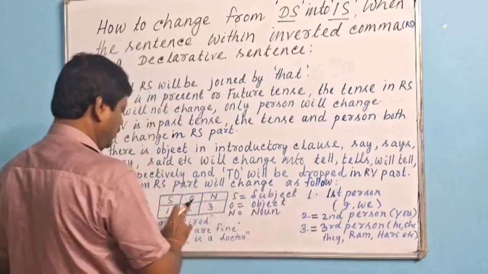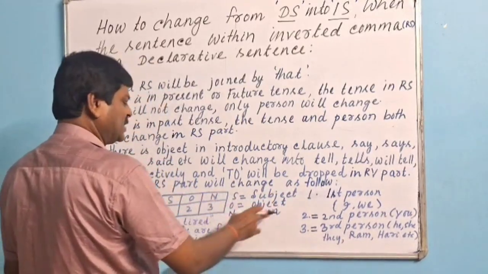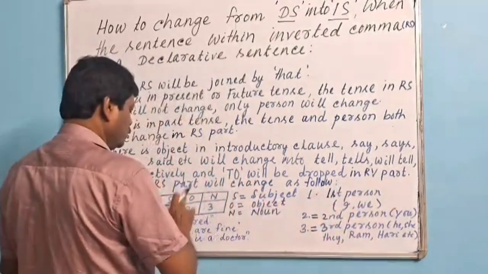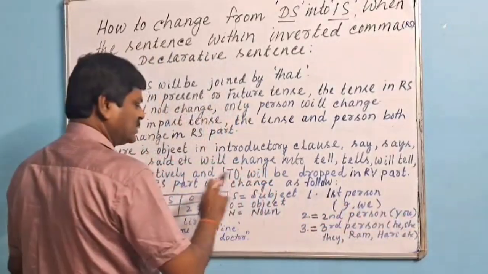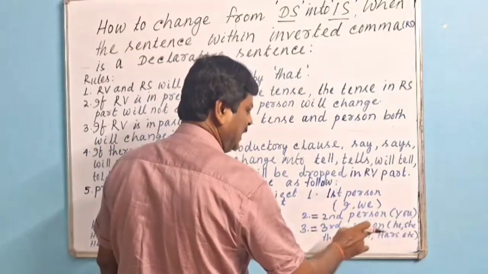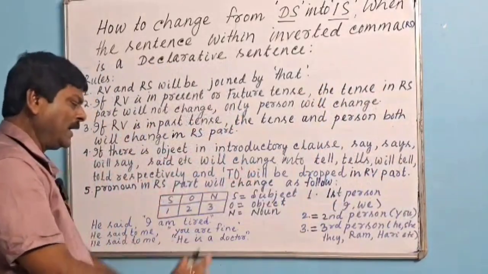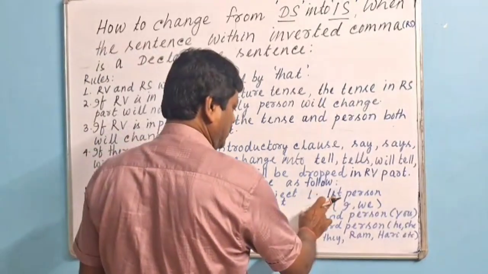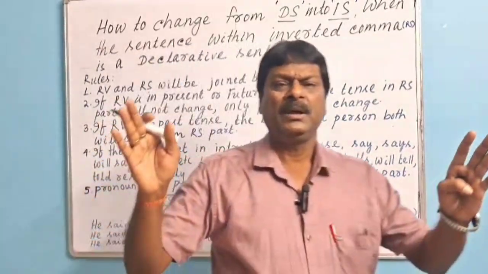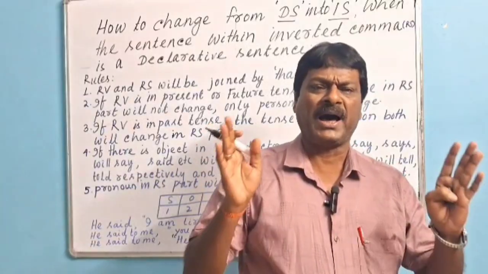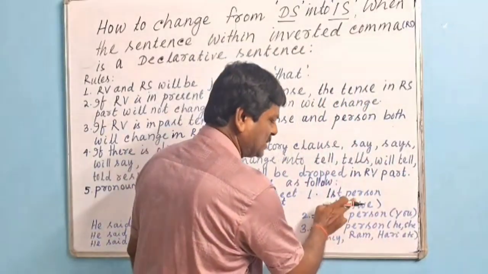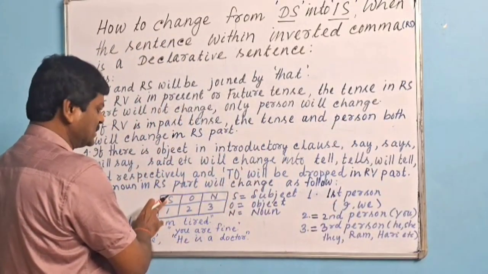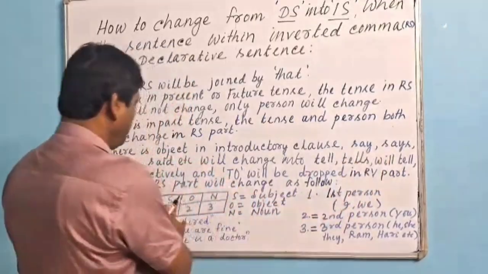S stands for subject, O stands for object, N stands for noun, 1 stands for first person I or we, 2 stands for second person you, 3 stands for third person like he, she, they, Ram, Hari, etc. nouns. Okay. So if the subject of the sentence within inverted comma or RS part is first person I or we, that will change according to subject of the whole sentence, I mean subject of the introductory part.